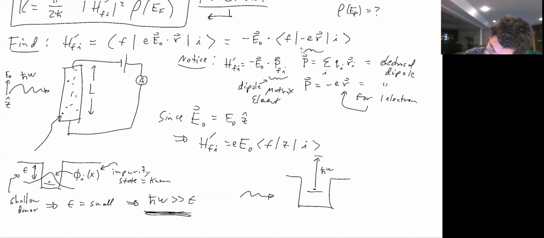We'll say that that's the final energy. We'll just say that the final energy is approximately h bar omega, since h bar omega is so much bigger than epsilon.